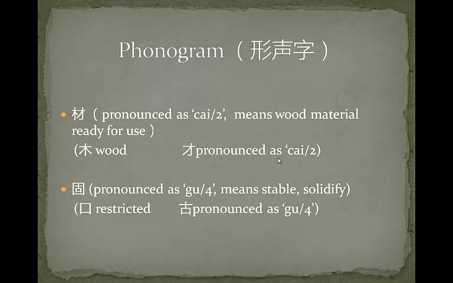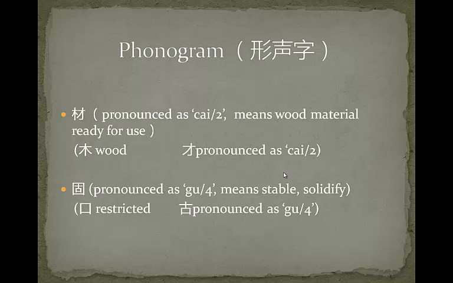The first one, 才. Okay? So the whole character is pronounced as 才. Because it's really hard to type, I have /2, which means it's second tone. It goes up. The meaning of this character is wood material, ready for use.